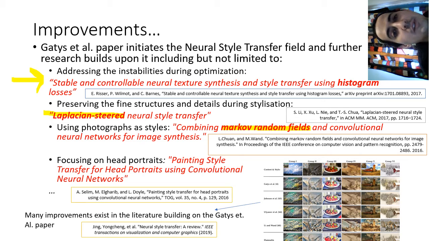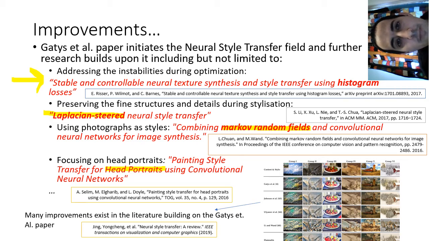The improvements are not only about the optimization, of course. For example, Selim et al. focus on a specific application of the algorithm: head portrait style transfer. By imposing some special constraints, they try to get better results from the algorithm.